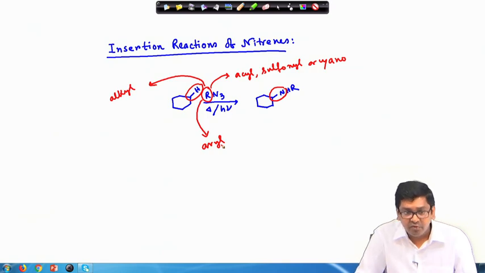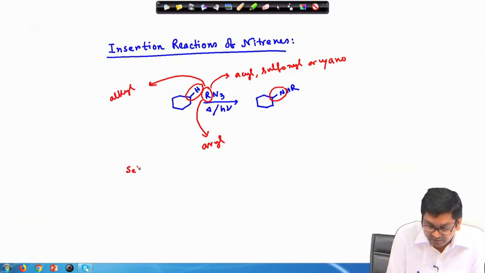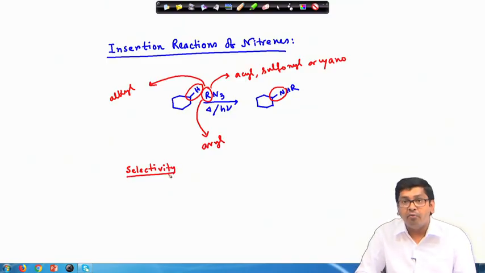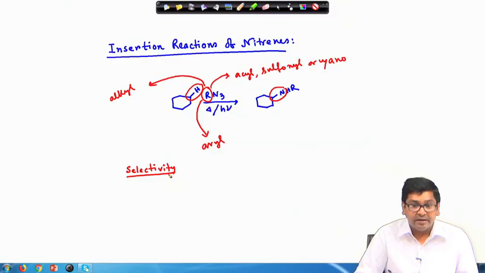And in terms of selectivity, the insertion by these nitrene reactive intermediates is always guided by the different types of carbon hydrogen bonds.